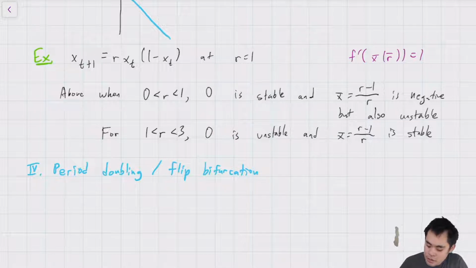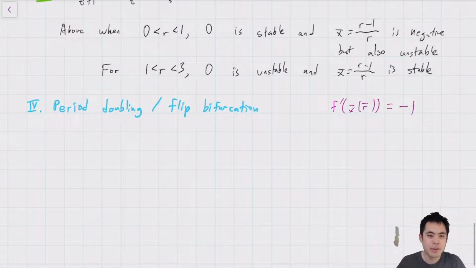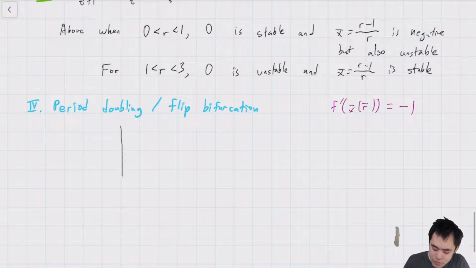In this particular case, f prime of x bar of r bar is equal to -1, which is different from the other three types of bifurcations we're talking about. And this has a very characteristic look. It's a little bit more complicated because our bifurcation diagram shows both fixed points and also 2 cycles. So let me draw this out.